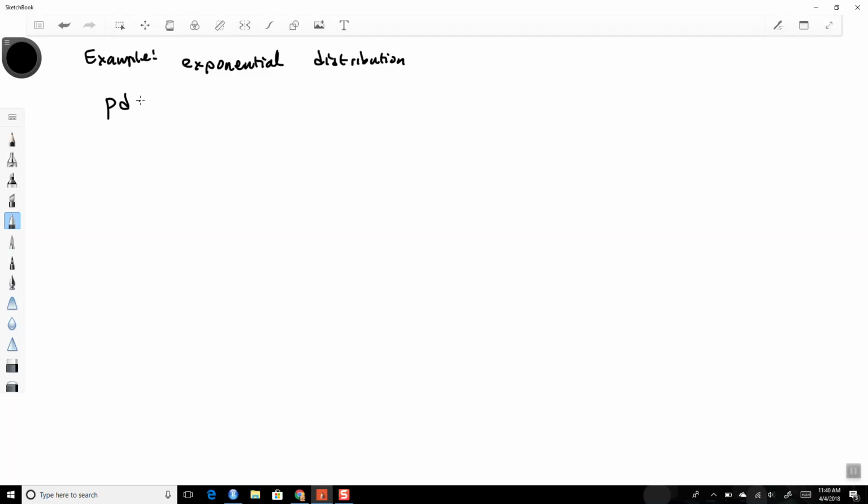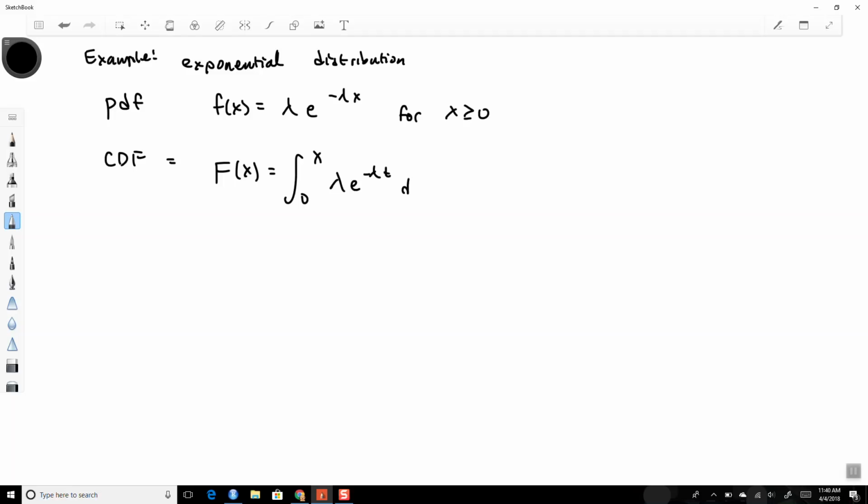Okay, so the PDF for an exponential, f of x, is defined as lambda e to the negative lambda x for x greater than or equal to 0. And the CDF is defined as F of x equal to the integral from 0 to x of lambda e to the negative lambda t dt, again for x greater than or equal to 0.